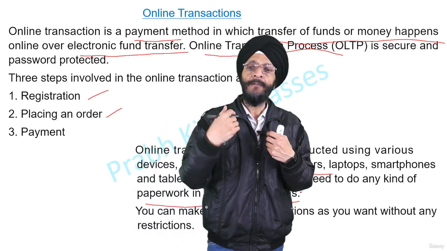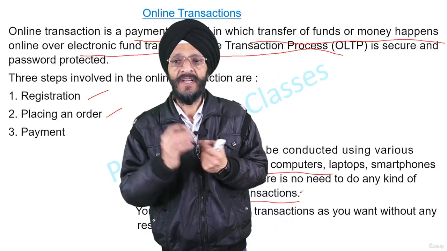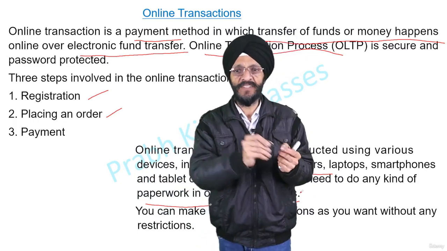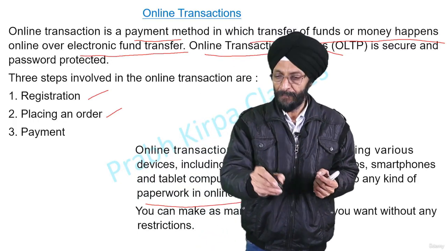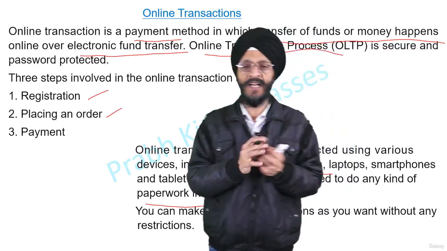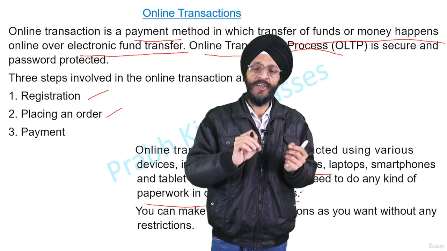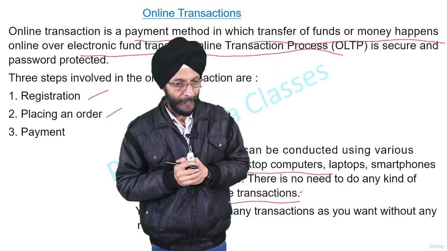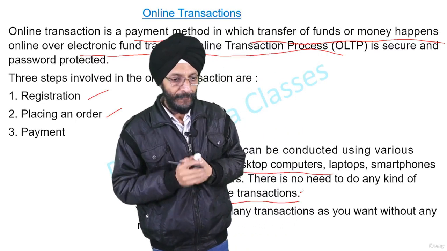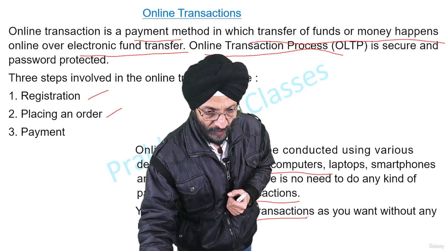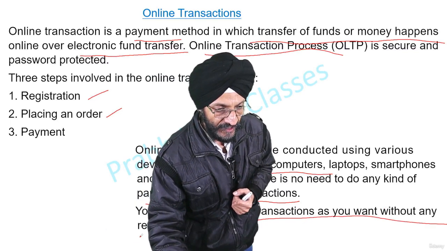When we make cash payment, it is quite possible that the shopkeeper may make an entry of the same in his book in paper form. But in the case of online transaction, neither side takes recording of the same in paper form. Online transactions can be made as many times as you want without any restrictions.